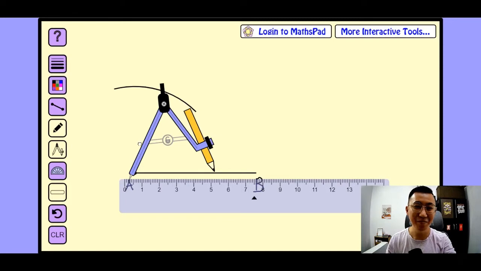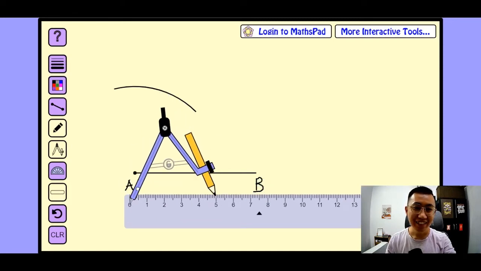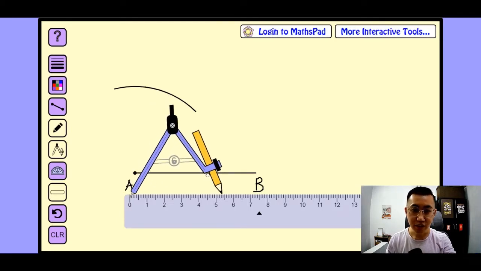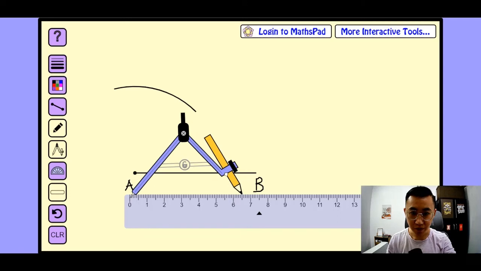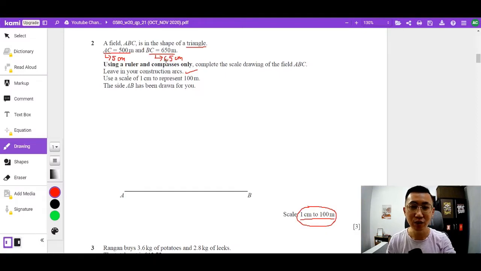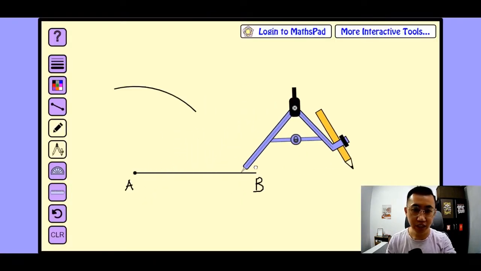So now we're going to place the needle here at 0 again, and then try to open 6.5. Alright, here. Now this time we are trying to draw BC, so that means your needle is put at B.